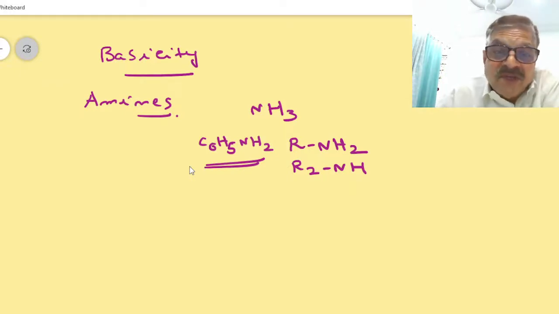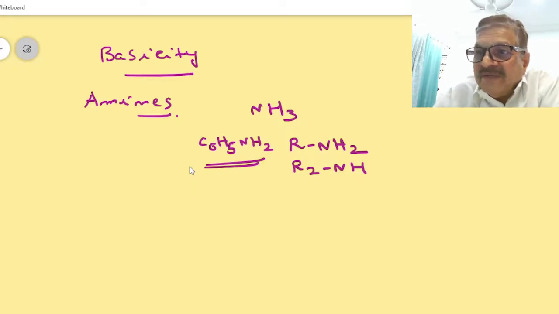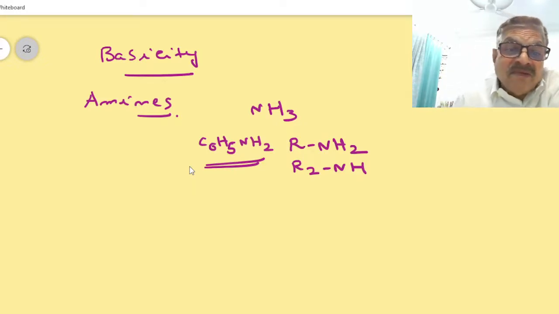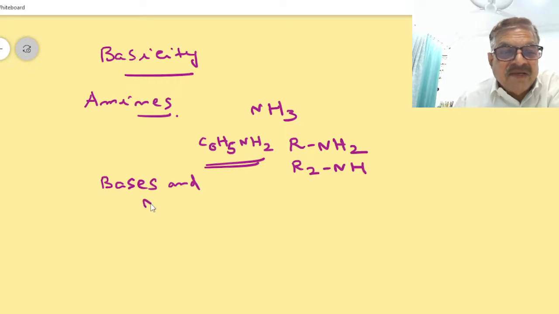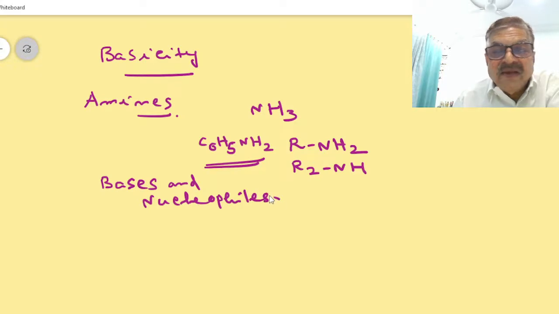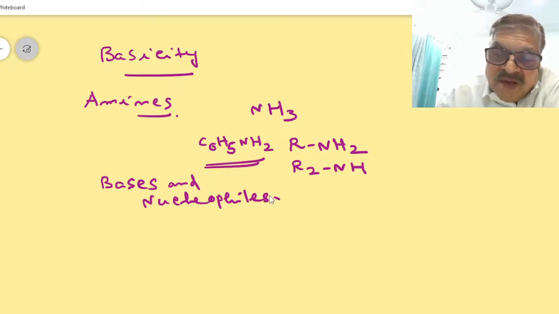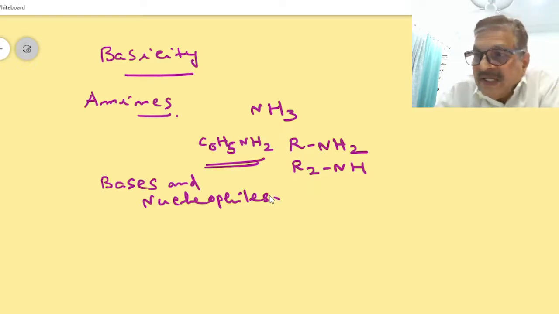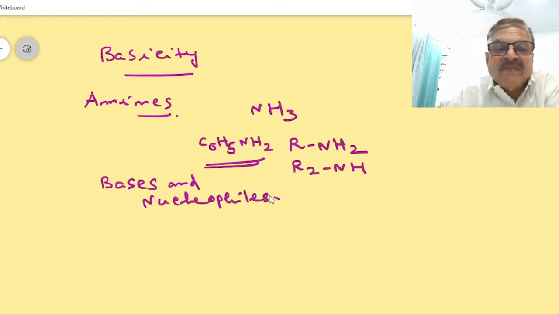Now, they are strong bases. Amines are strong bases here. And not only bases, they are better nucleophiles also. Amines are strong bases and better nucleophiles. They are organic nitrogen compounds here. The nitrogen atom has got a non-bonded electron pair, making it a base and a nucleophile because of the lone pair of electrons on the nitrogen atom.